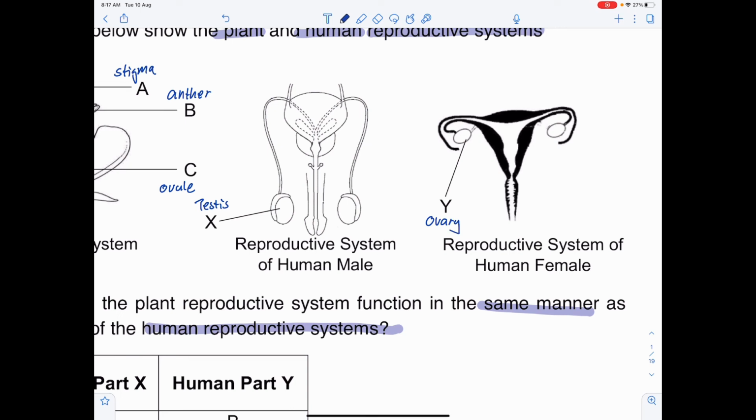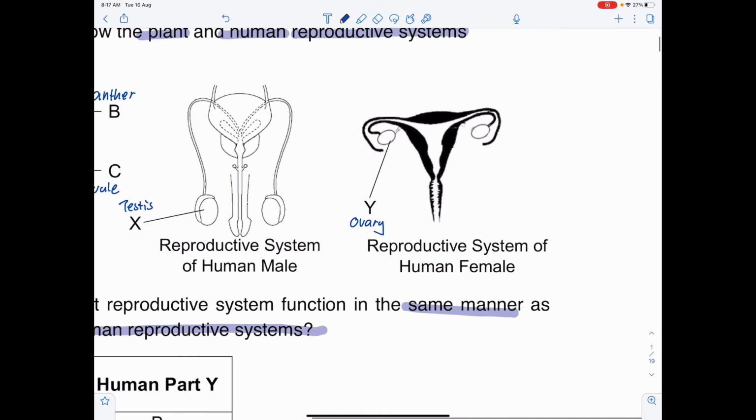Now I'm going to add a few more just to help you guys revise. So this is actually your womb or the uterus. This would be your fallopian tube. So when they ask you which part fertilization occurs, actually the fallopian tubes is where your fertilization will occur.